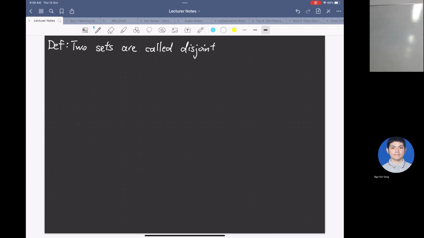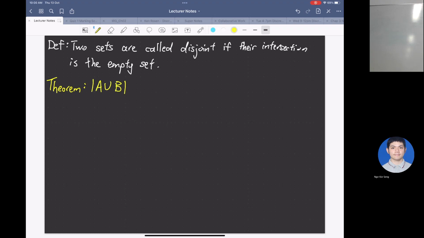So two sets are disjoint if their intersection is the empty set. Why do I talk about this definition here? There's a theorem which you can prove, or you can look at the book. There's a proof there. If you take the union of sets and you count them, it's equal to the sum of the individual sets minus the intersection.